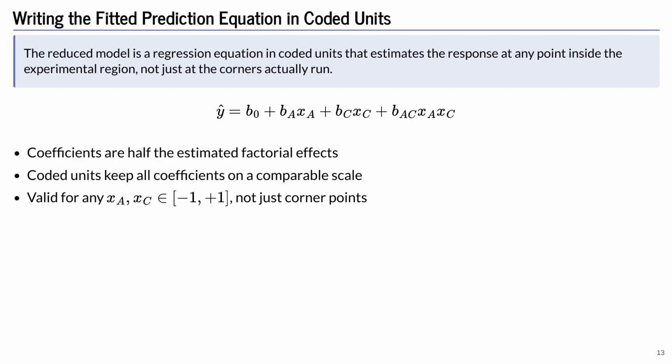The coded units are essential here. Because every factor runs from -1 to +1, the coefficients are directly comparable in magnitude. A larger absolute coefficient means a larger contribution to yield, and you can compare temperature's coefficient to reaction time's coefficient without worrying about different physical scales.